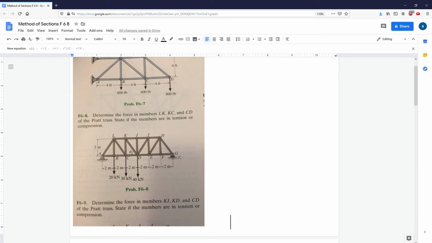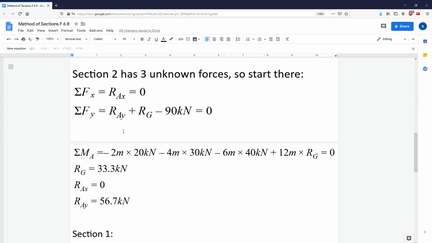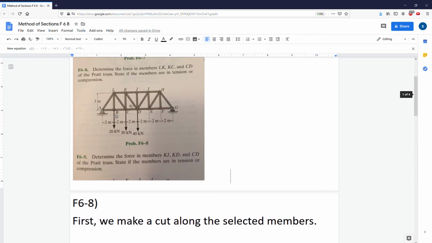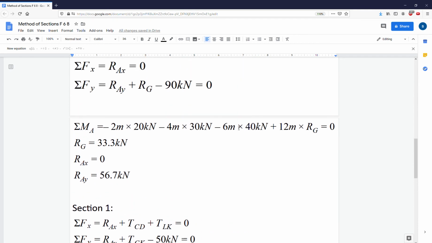Whereas an upward reaction at G would create a positive moment, or cause it to rotate counterclockwise. So putting in all the numbers, that gives us negative 2 meters times 20 kilonewtons, minus 4 meters times 30 kilonewtons, minus 6 meters times 40 kilonewtons, plus 12 meters times the reaction at G equals 0.